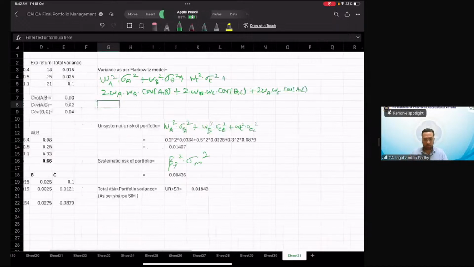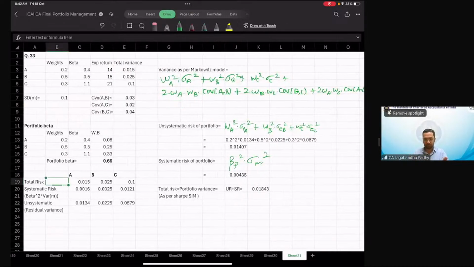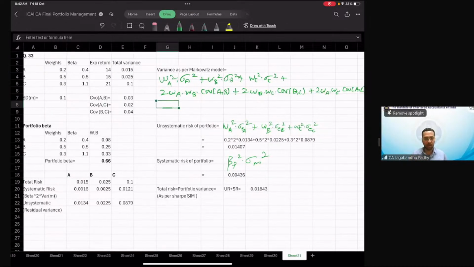So I can apply it here as weight of A square.